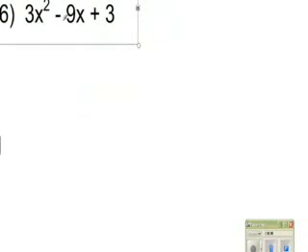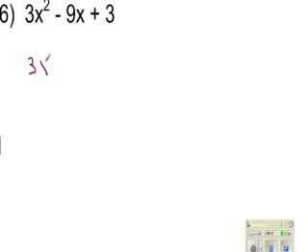This one has 3 different terms, and anytime you're factoring, the first thing you do is look for a greatest common factor. So let's see if I can be a little neater here. I'm going to use purple for the first one. 3x squared, and let me do this one in green. 3 times 3 is 9x, and the last term is just a constant, I'm sorry, 3.